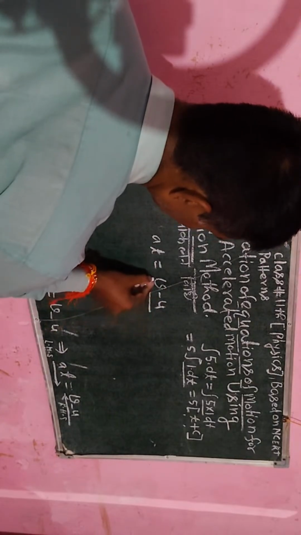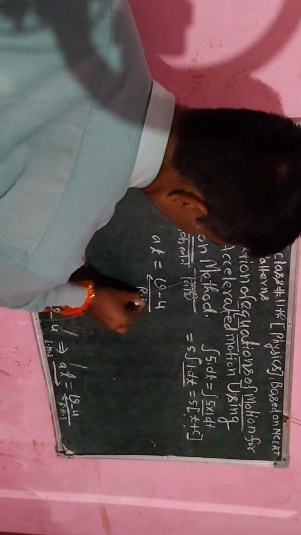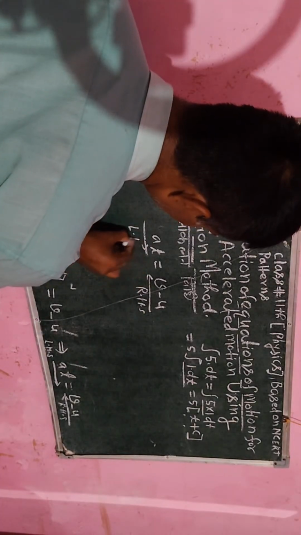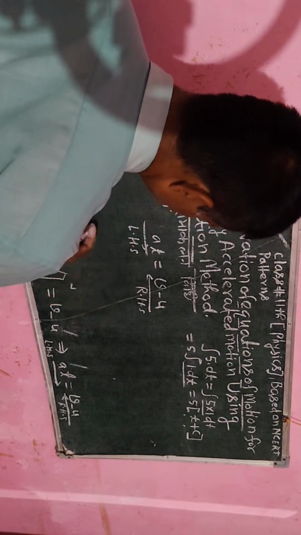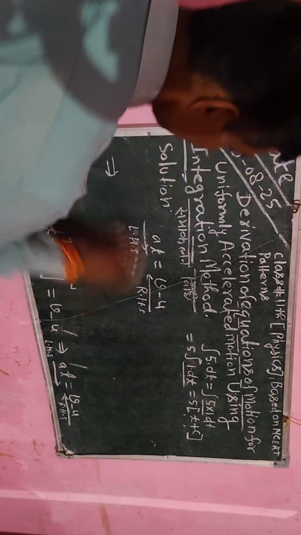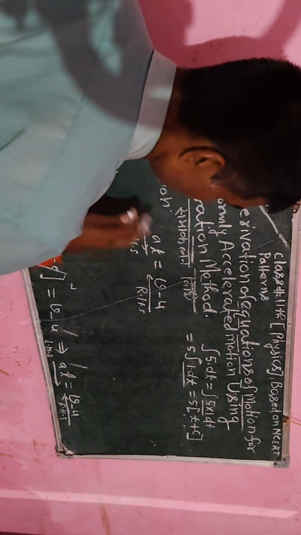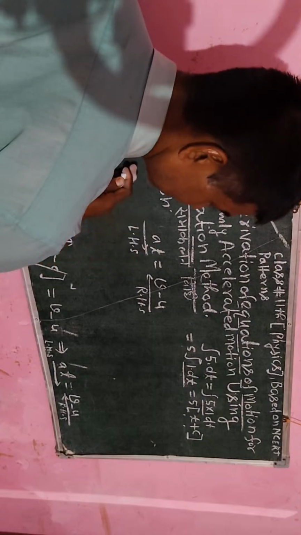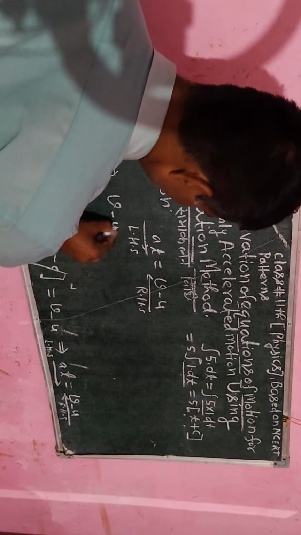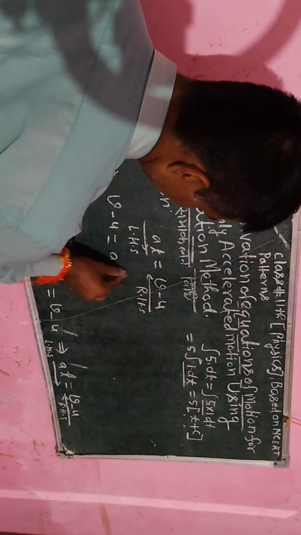Now this is the right hand side data, already I have written it down, and this is the left hand side data I have already written, but all data which are available in the right hand side I will put in left hand side, and all data which are available in the left hand side I will put in right hand side, so there will be no change in my solution. Okay, so I can write like this.